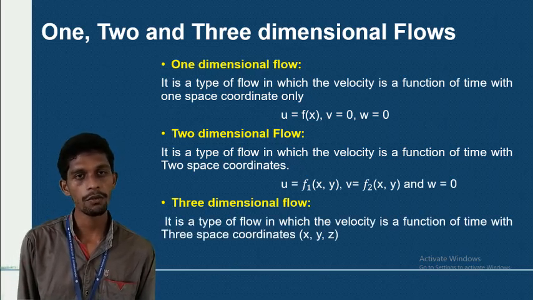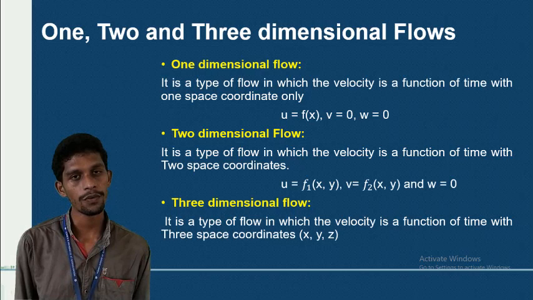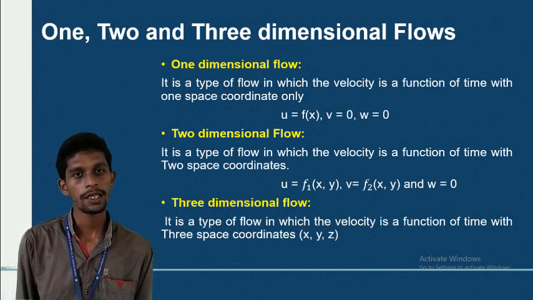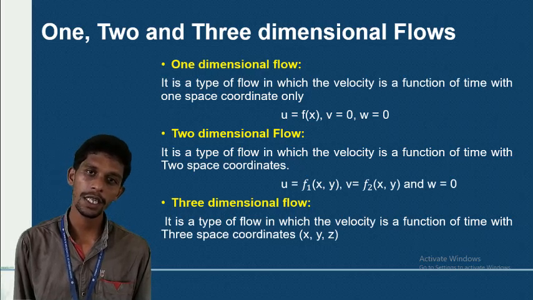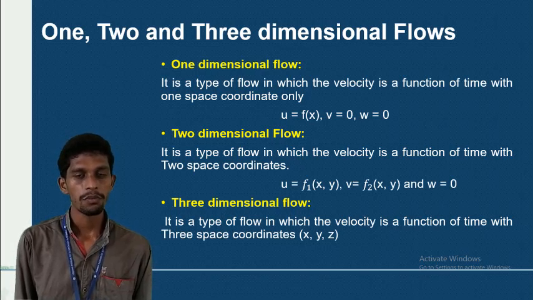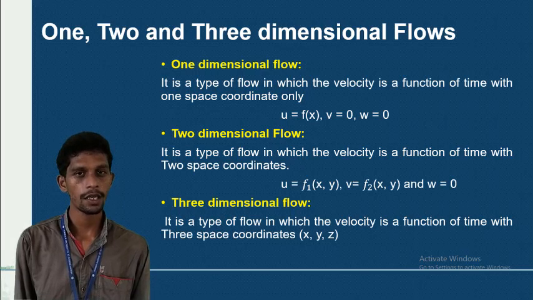So u is equal to f1 of xyz, v is equal to f2 of xyz, w is equal to f3 of xyz. Here the velocity is a function of all three space coordinates with respect to time. So this is about one-dimensional, two-dimensional and three-dimensional flows.